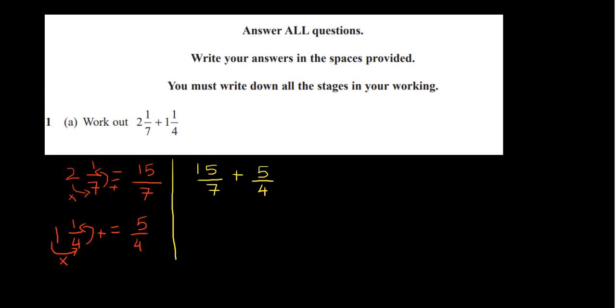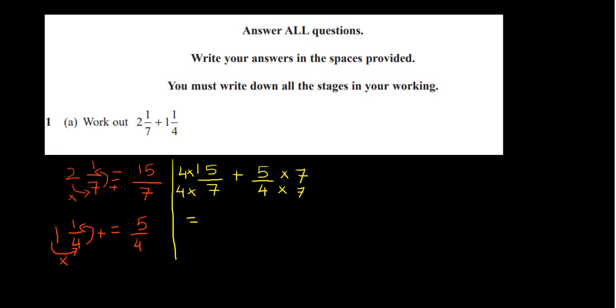So in order to make them the same, I could multiply top and bottom of this fraction by 7. The reason for this is because the other denominator is 7, and for this fraction I would multiply top and bottom by 4, again because the other fraction's denominator is 4.